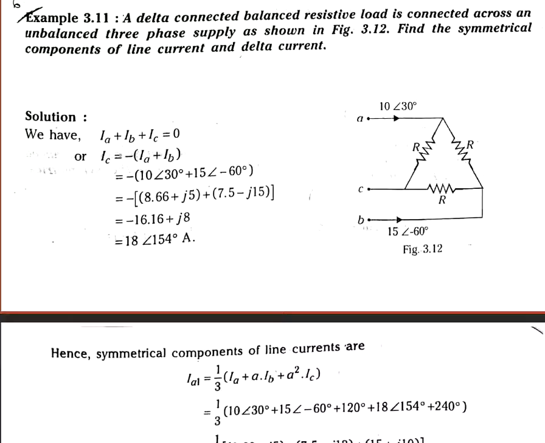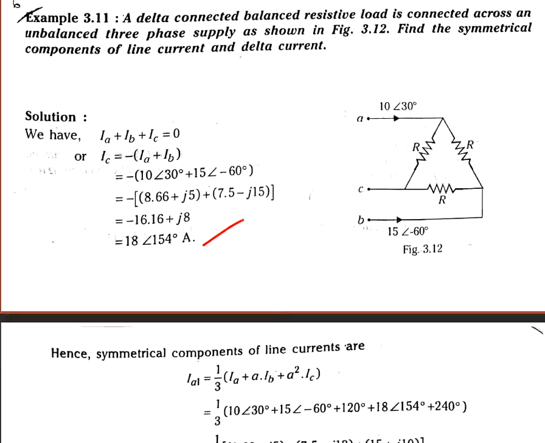Here the IA value and IB value have been given, so we need to find IC. IC equals minus of IA plus IB, similar to how you did the first problem: the sum of all the currents is 0 in a three-phase system. So you will get the IC value.